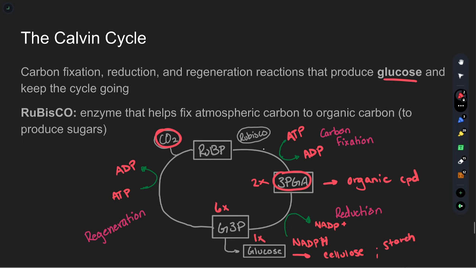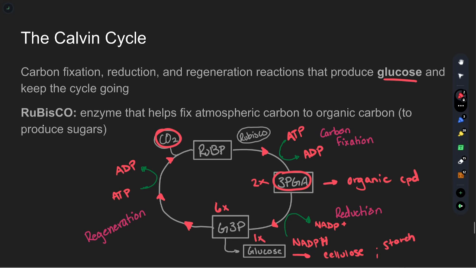So as you can see, I did not specify each reaction in the Calvin cycle. You are not expected to memorize every single reaction that happens in the Calvin cycle. For the most part, you are just expected to know what happens in carbon fixation, what happens in reduction, and what happens in regeneration.